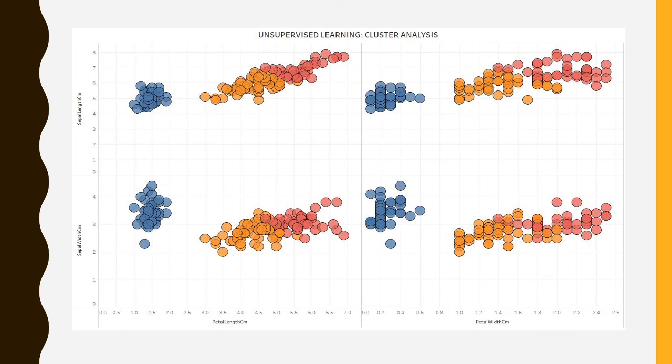Here we have the data of iris. Iris is a flower. For that flower, we have taken four attributes: the sepal length, sepal width, petal length, and petal width. Using these, we create a scatter plot.